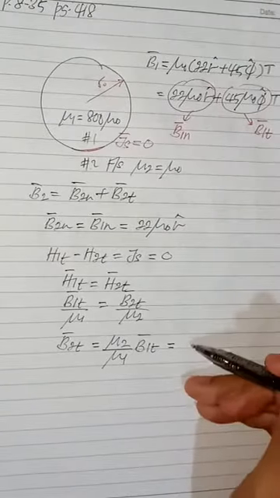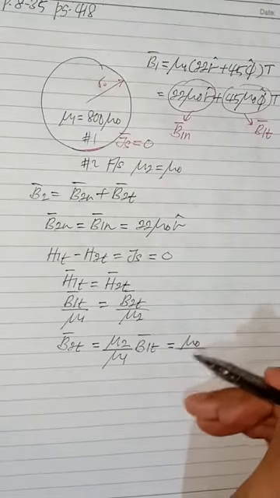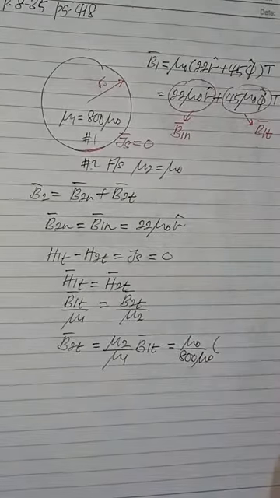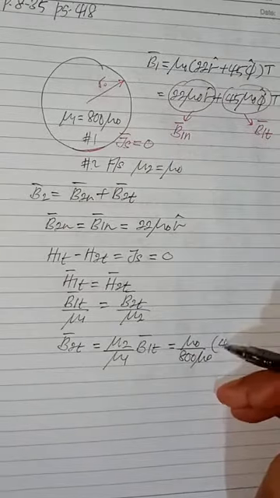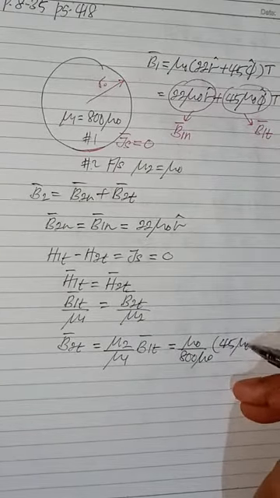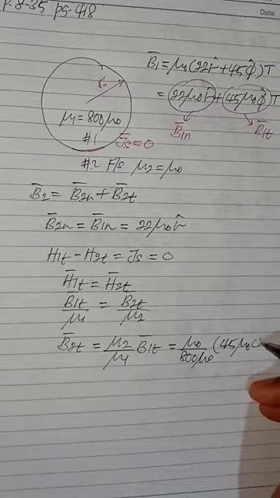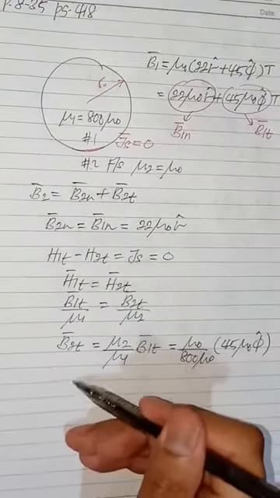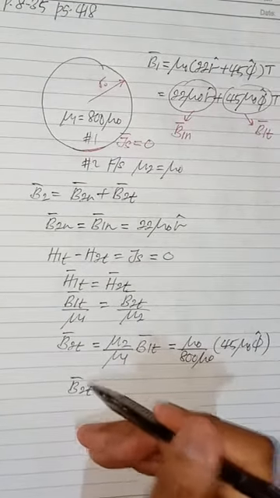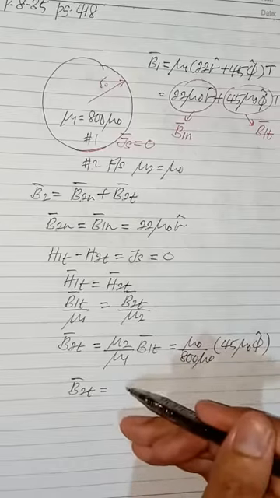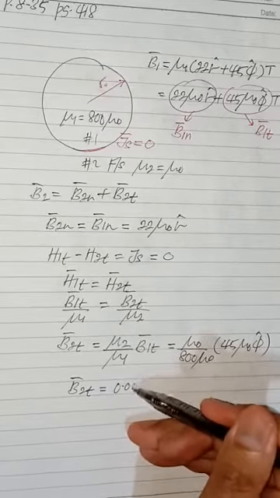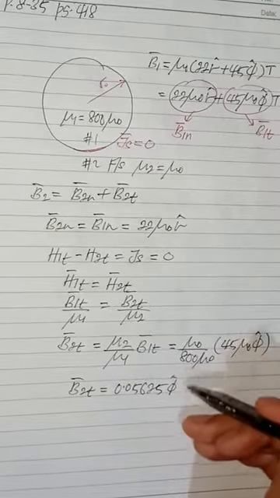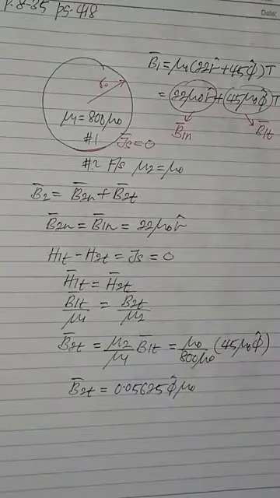So we have mu naught over 800 mu naught, and B1t obtained earlier is 45 mu naught phi component. Proceeding to the end, we find B2 tangential equals 0.05625 phi component mu naught.